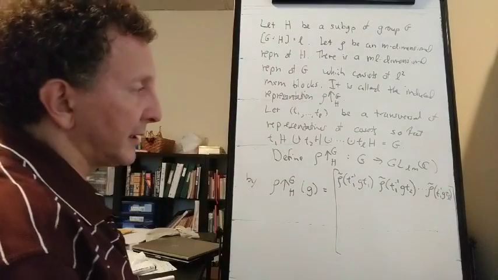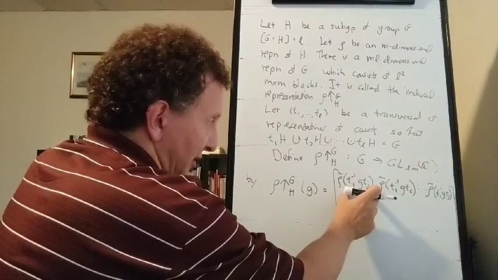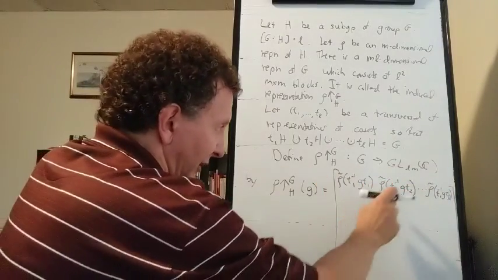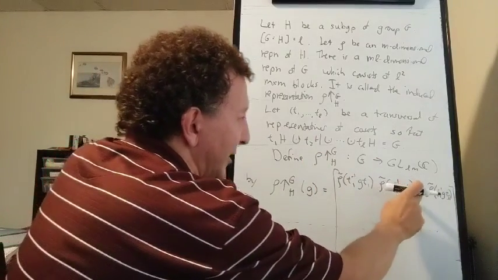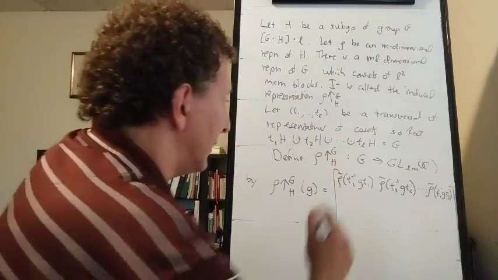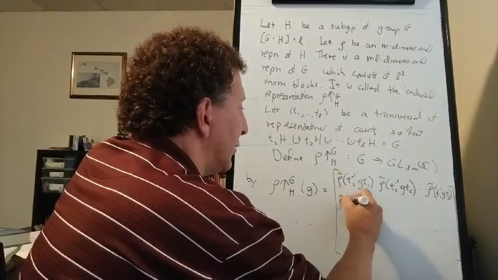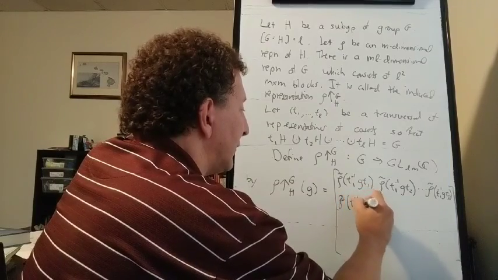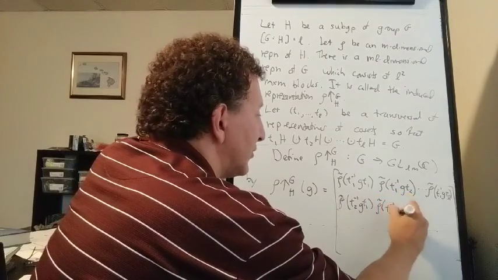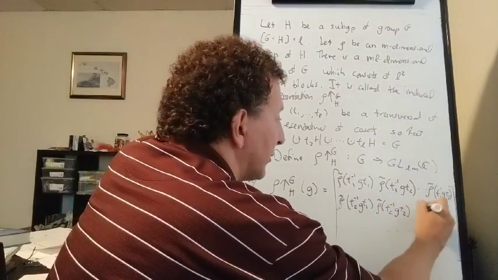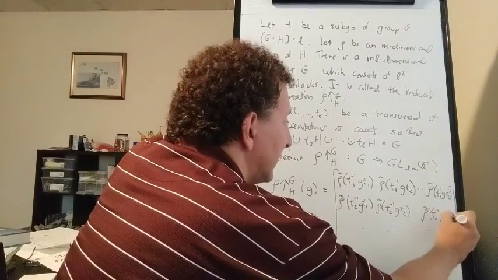So we're almost conjugating the g's, except, well, on the diagonal we are conjugating, but in other positions of this block matrix, we're multiplying by one transversal element inverse on the left and then another transversal element on the right. So then the second row is going to be rho tilde T2 inverse g T1, rho tilde T2 inverse g T2, etc. up to rho tilde T2 inverse g TL.